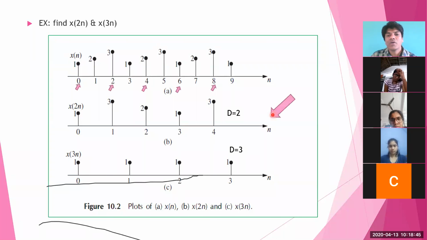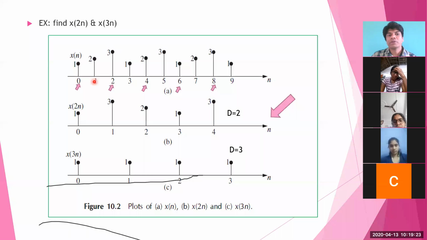Now let us see the first decimation. This is decimated by a factor of 2. If you recall what I have just said, decimation by a factor of 2 means dropping 2 minus 1 samples. So how many samples are there? One sample. So we are going to drop one sample between successive samples. Here you can see these pink arrows, those are the samples which I am retaining, and I'm dropping this sample.